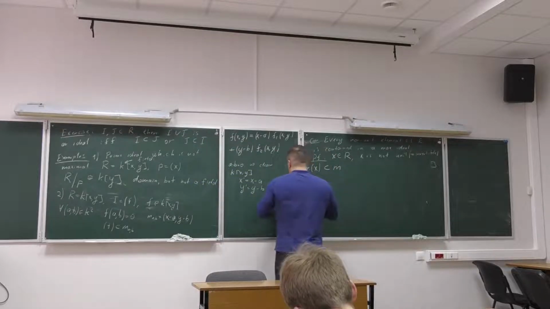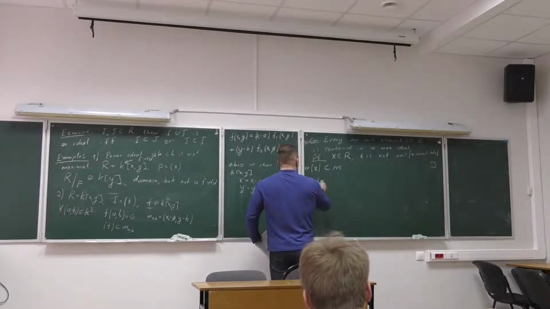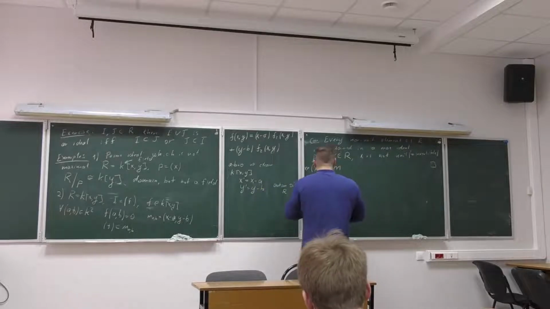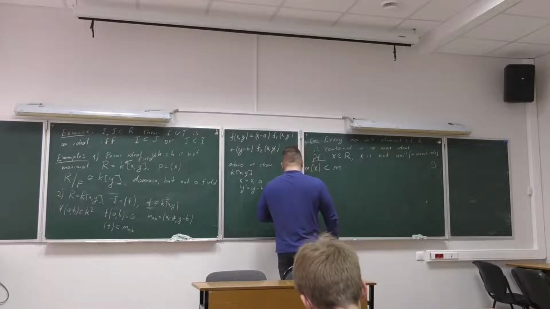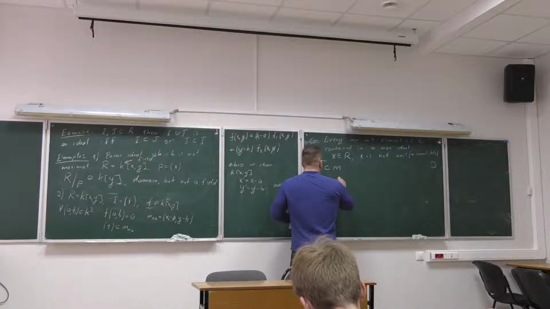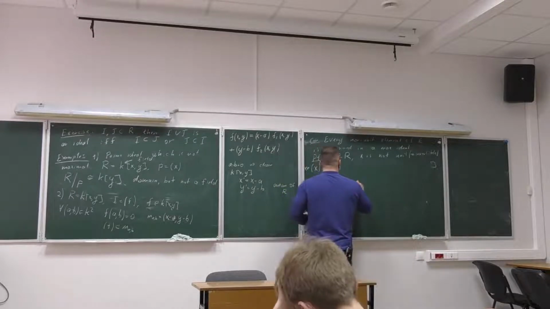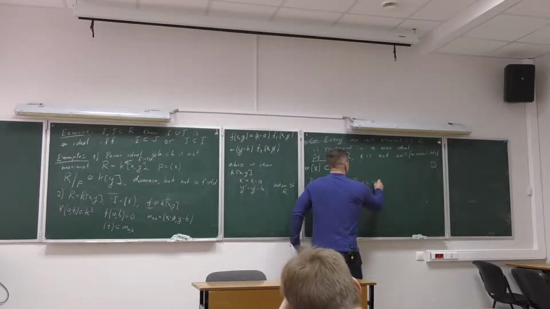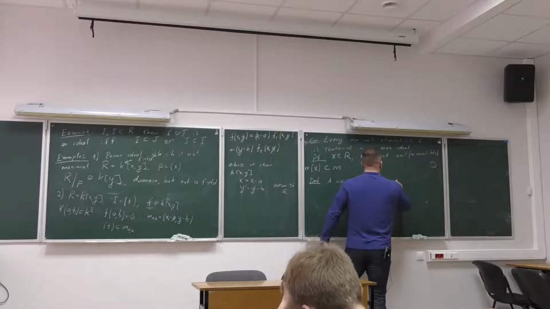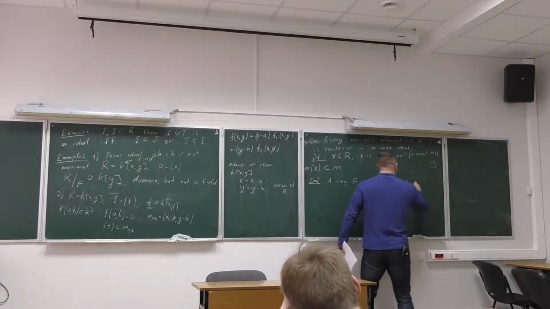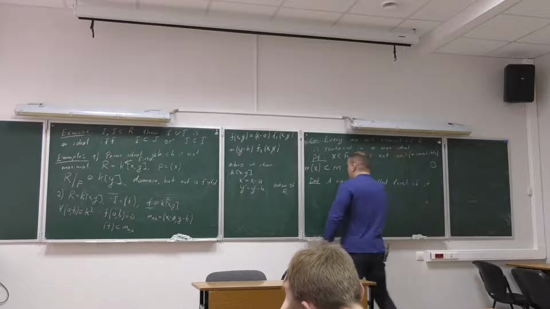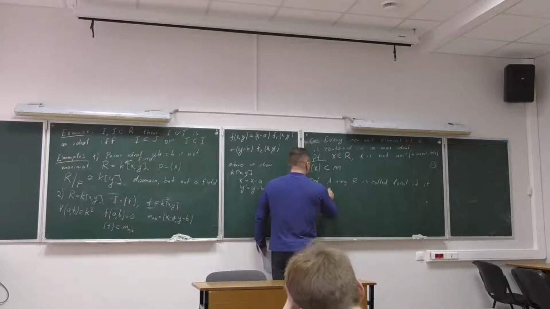Now I want to give definitions. We're not going to use this right now, but maybe it's a good place to give these definitions. A ring R is called local if it has a unique maximal ideal.